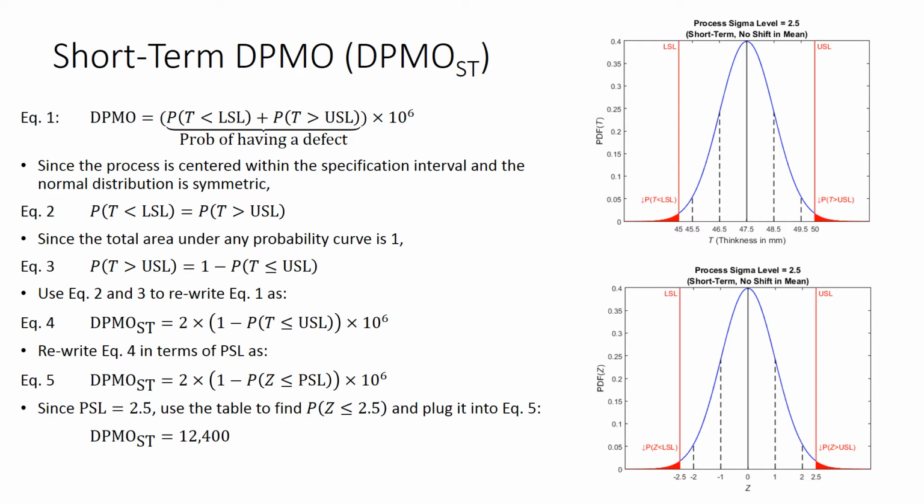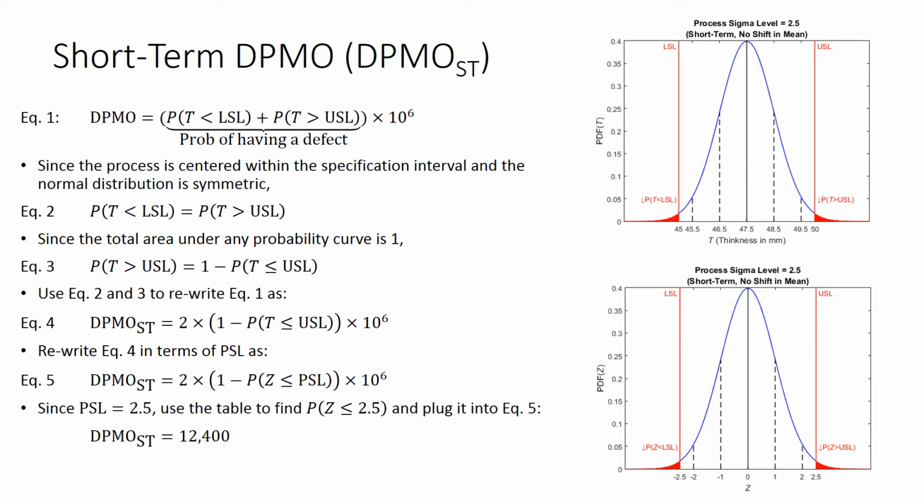Use equation 2 and 3 to rewrite equation 1 as 2 multiplied by 1 minus probability of t less than or equal to upper spec limit multiplied by a million. Since the process sigma level is 2.5, the z value for the upper spec limit is also 2.5.